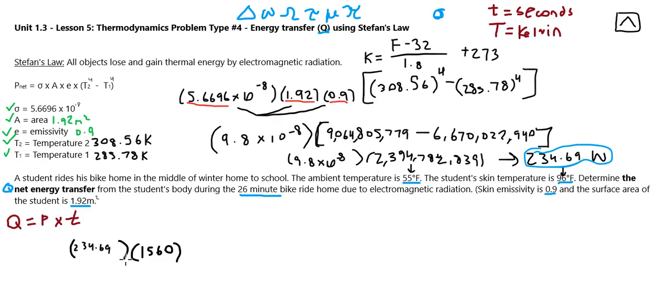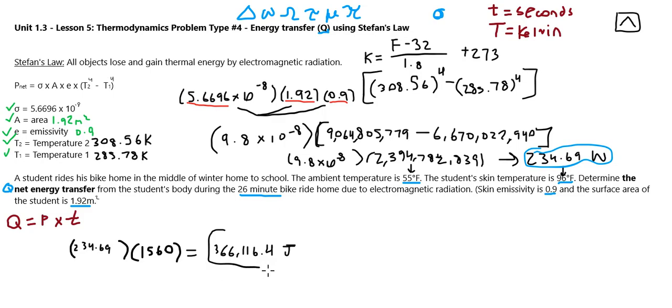We don't have to do units, and then that equals 234.69 times 1,560 equals 366,116.4 joules, because that's what energy transfer is measured in.